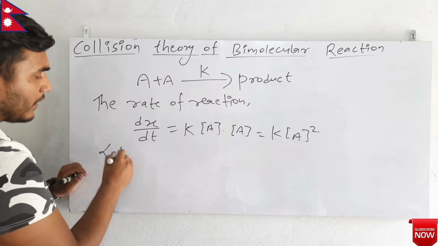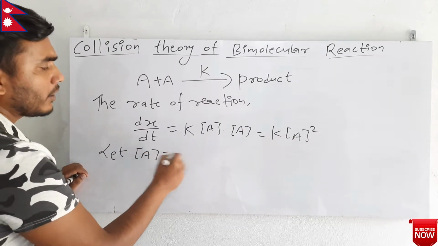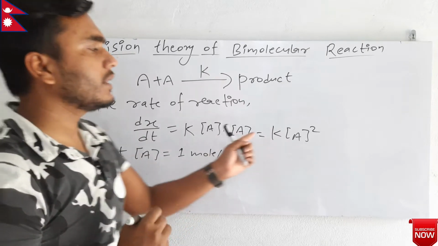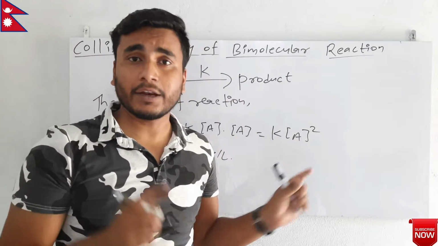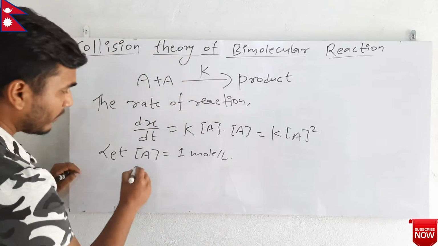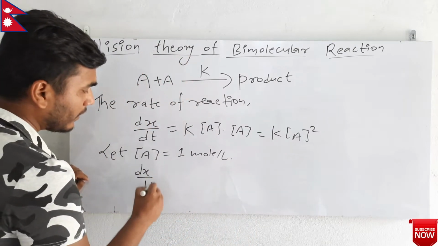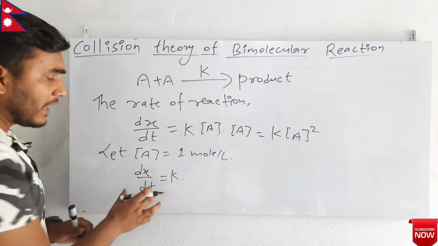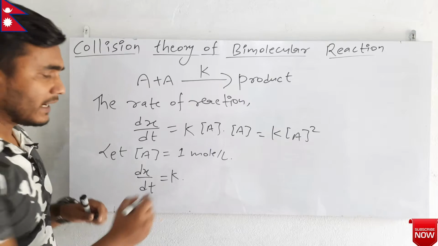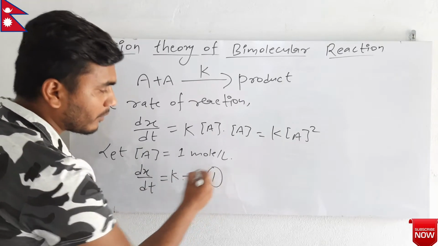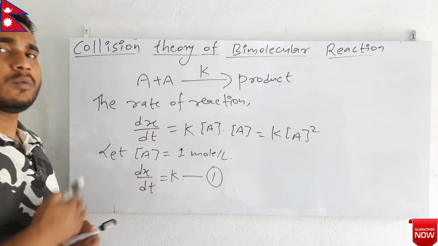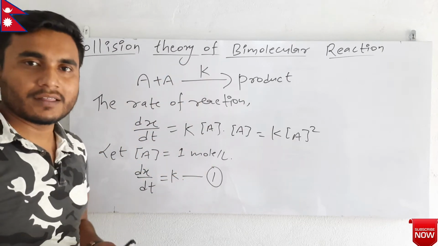Now let the concentration of the reactant be 1 mole per liter. Then we will get dx by dt is equal to K. That is, in this case, the rate of reaction will be equal to the rate constant. Now let us consider it to be equation number 1. Now erasing all the things so that we can proceed with the mathematical derivation.